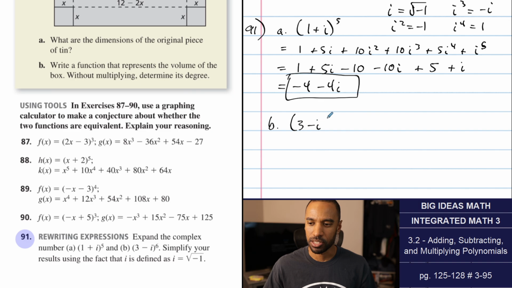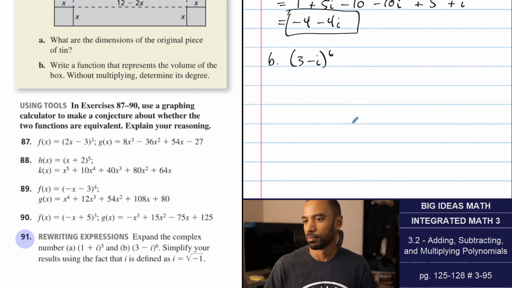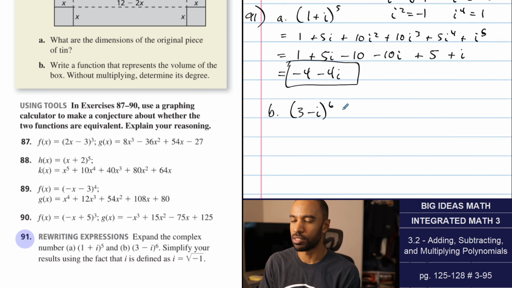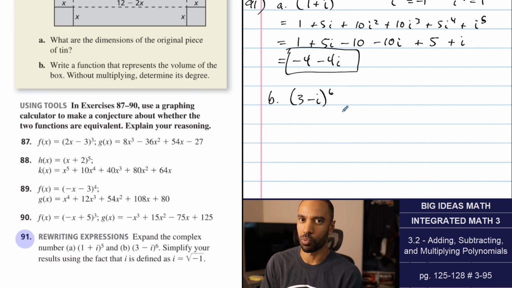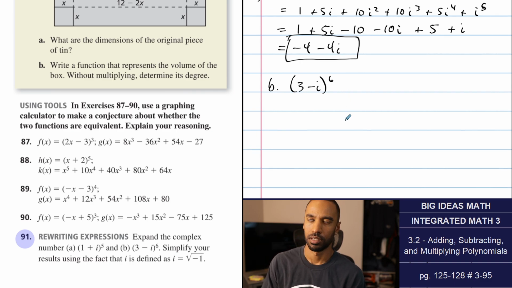3 minus i to the 6th power. So 6 was 1, 6, 15, 20. Yeah.